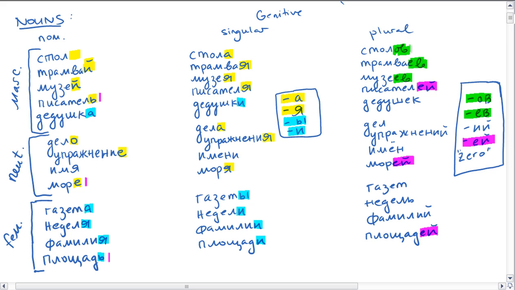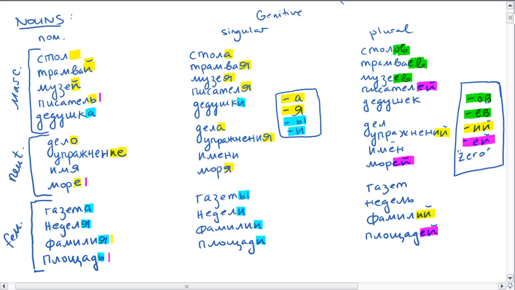And then we've got our nouns that end in iya or iye. They get i kratkoye. So, right, we had iya over here. So uprazhneniy, familiy, right? So family.